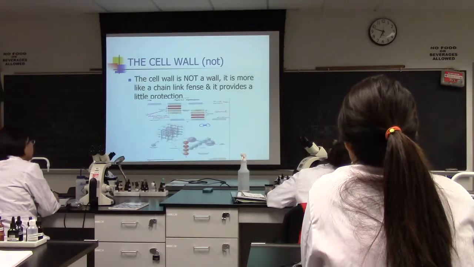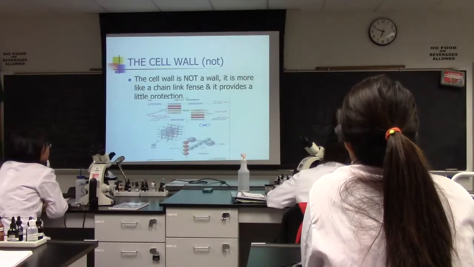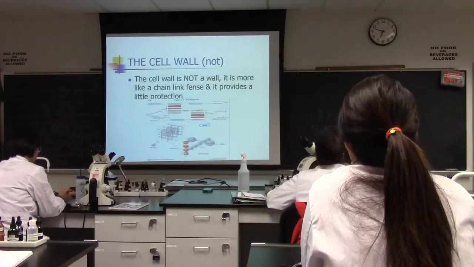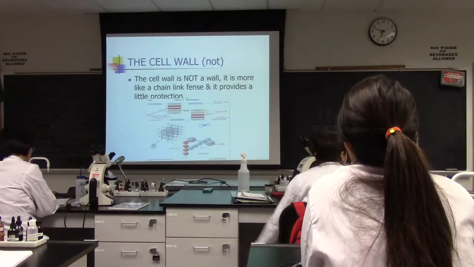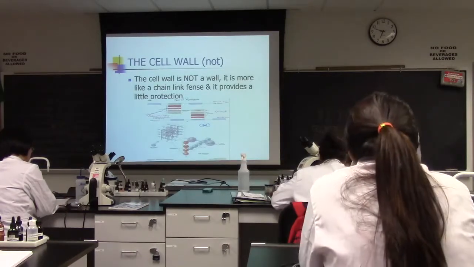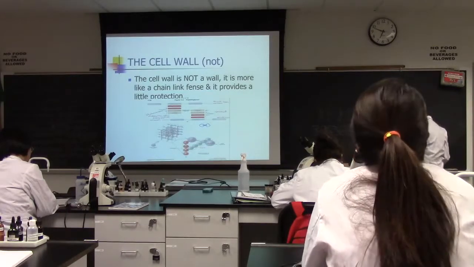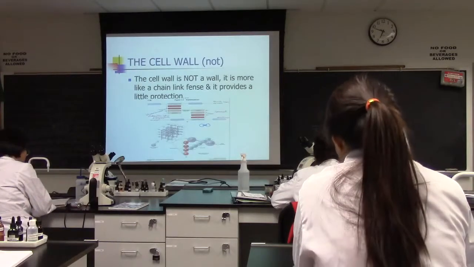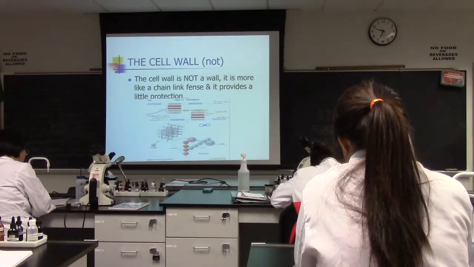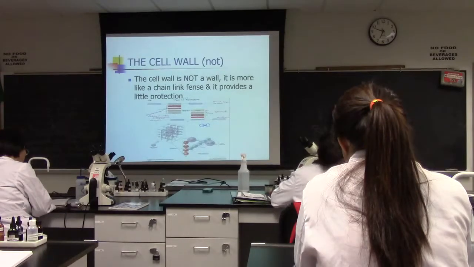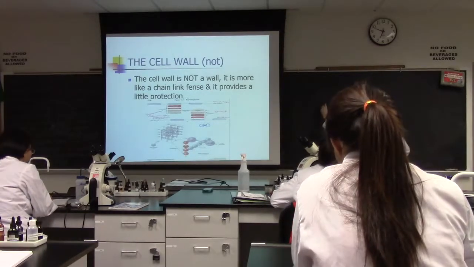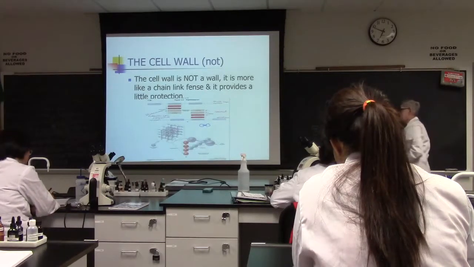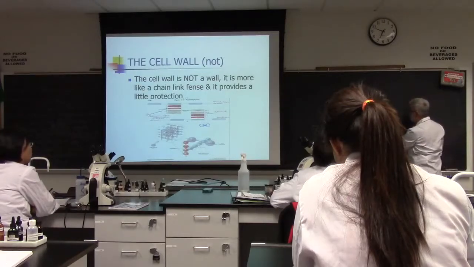Notice how closely these phospholipids are bound together in the plasma membrane, but in the outer membrane of gram-negatives, they are rather separated. This is called the outer membrane.